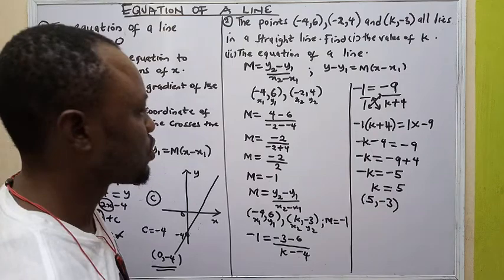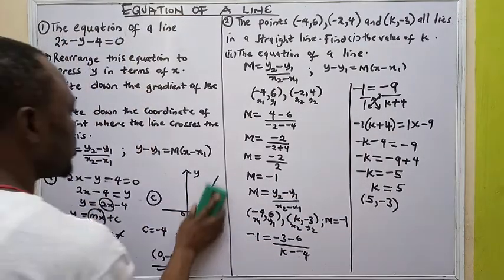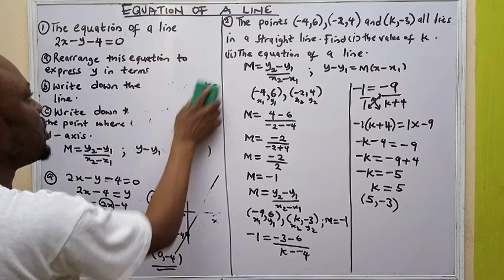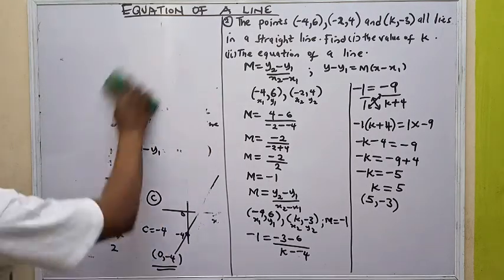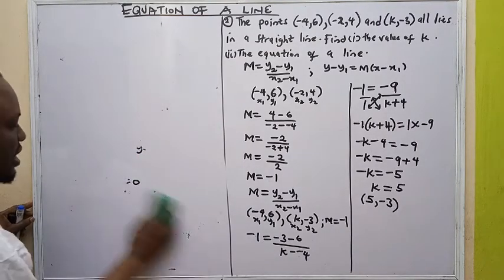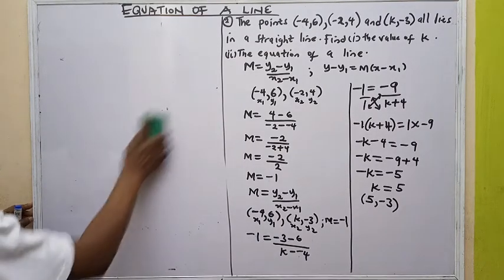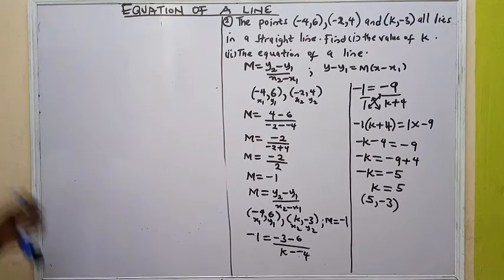Now I've gotten the value of k. Now the next problem is for me to get the equation of the line. Now I said something when you want to find the equation of the line. Now if you have several points on the line, all the points will have the same equation because all the points are on the line.